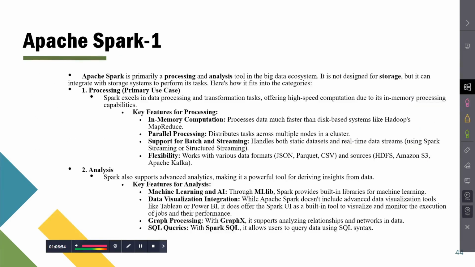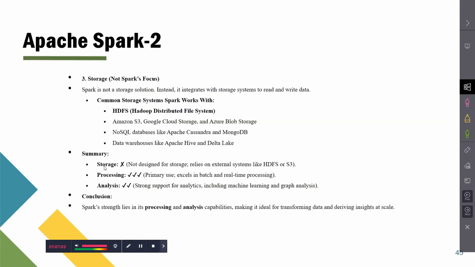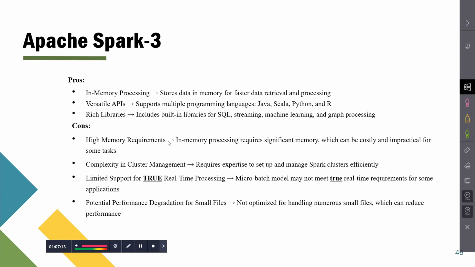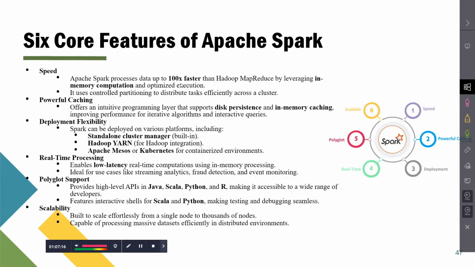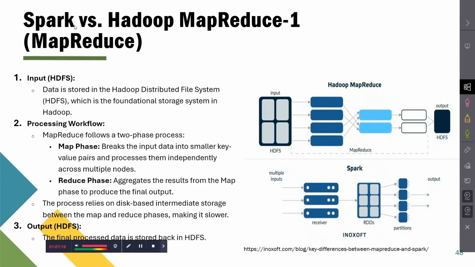In part 2 we introduced more detail about Spark, showing that Spark is very good for processing and analyzing, not good for storage. We talked about pros and cons, and compared Spark and Hadoop, which is based only on HDFS.